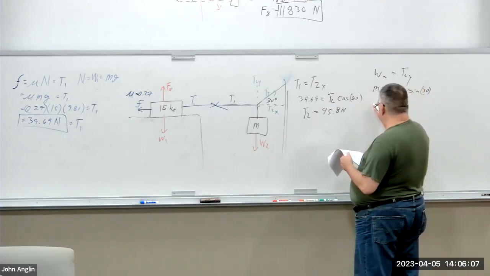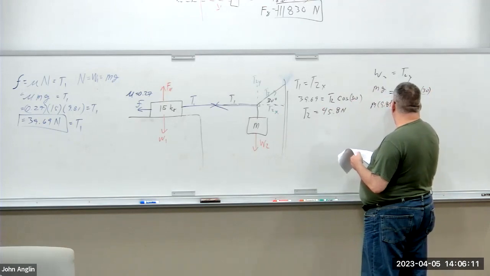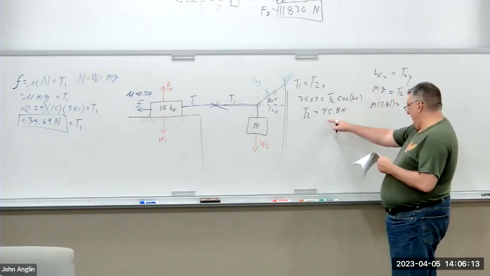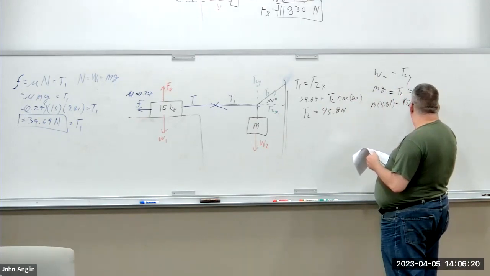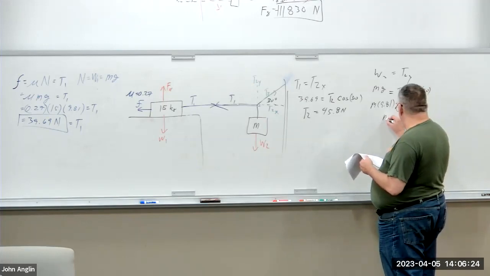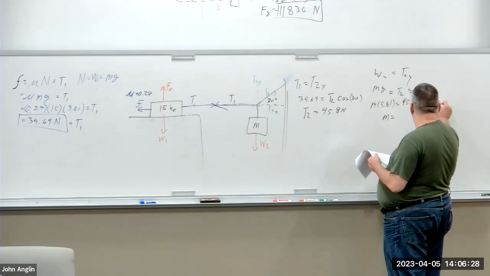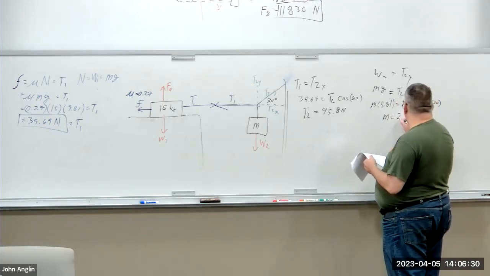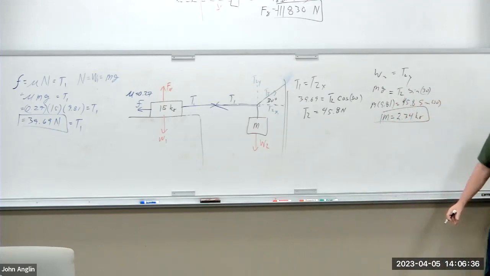All right, well, we don't know the mass, that's what we're trying to find. g is 9.81. What's T2? We just found that. That's 45.8. And sine of 30 is whatever sine of 30 works out to be. Solve for this. And what we end up with is 2.34 kilograms. That's exactly what we wanted to find.